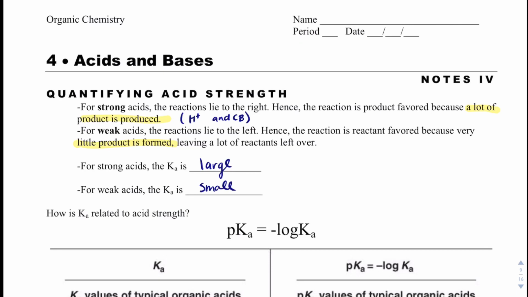If we have a large Ka, we take the negative log of that. Negative log of Ka equals this thing called pKa, which you may have heard about before. And mathematically, when you take the negative log of a large number, that's going to make the pKa small.